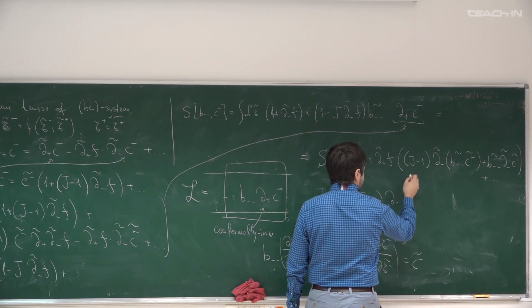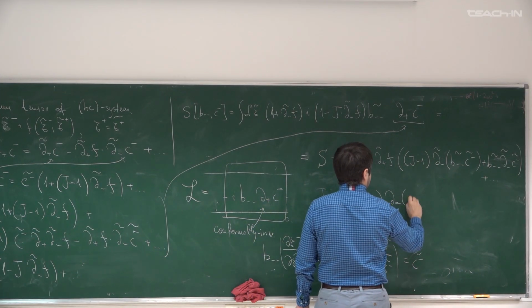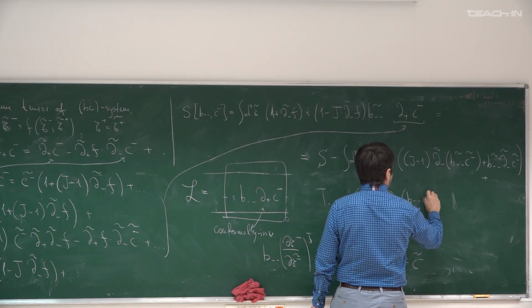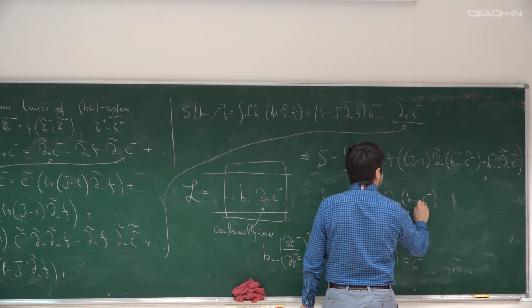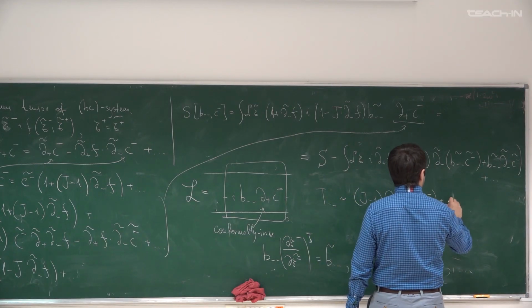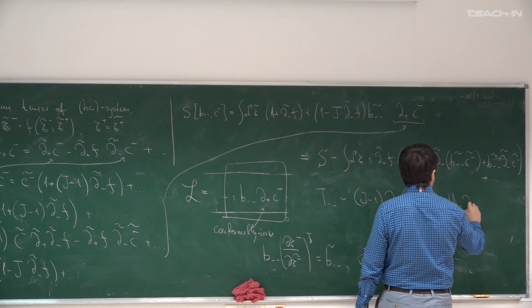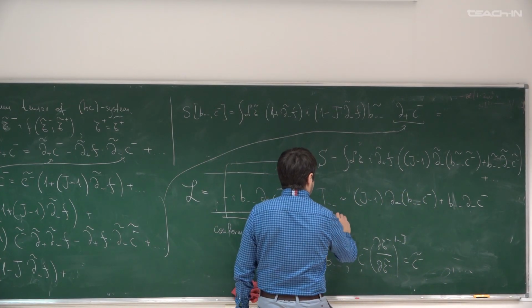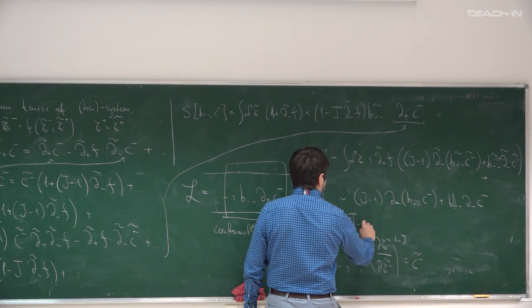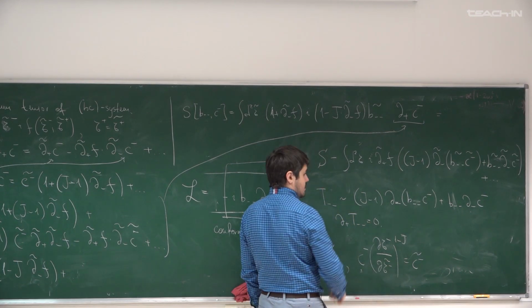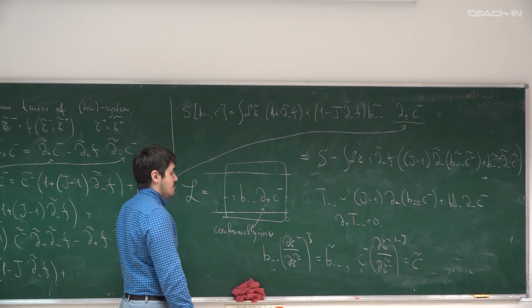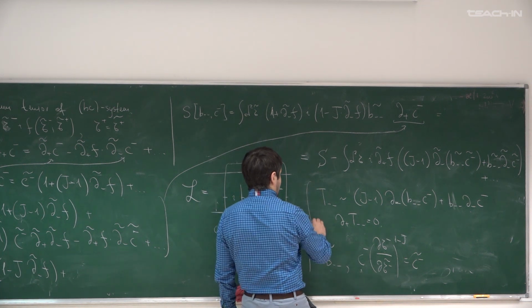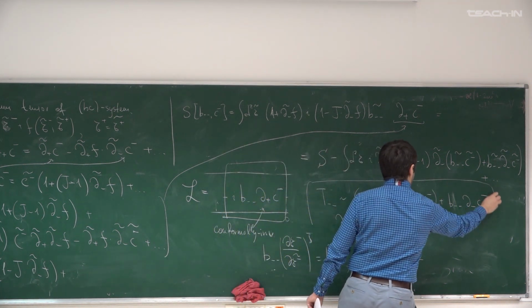And I'll remove the tildes now. And the property is that it's conserved in a chiral sense. So this is the main upshot of this calculation.